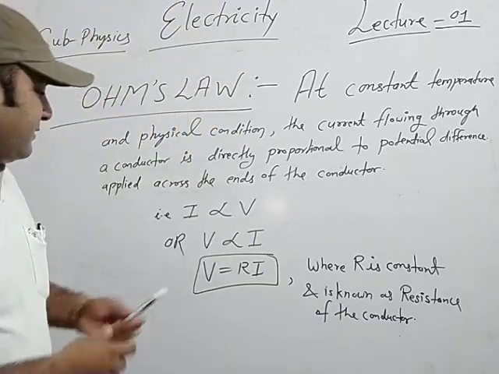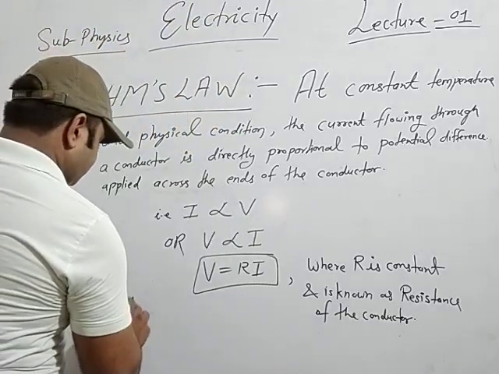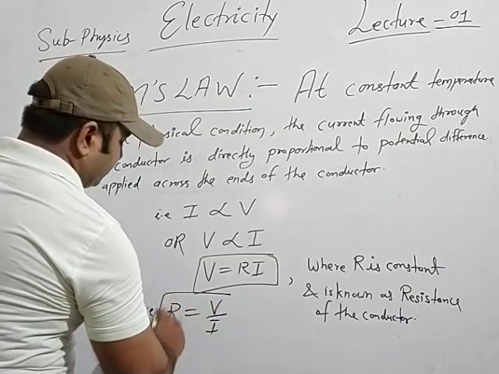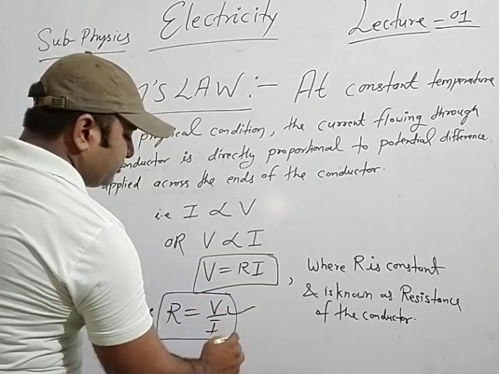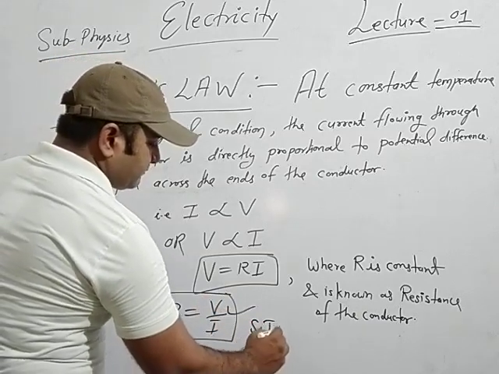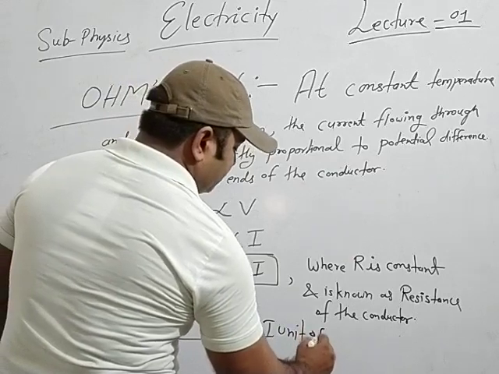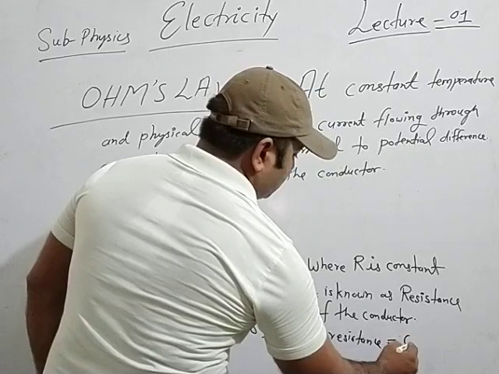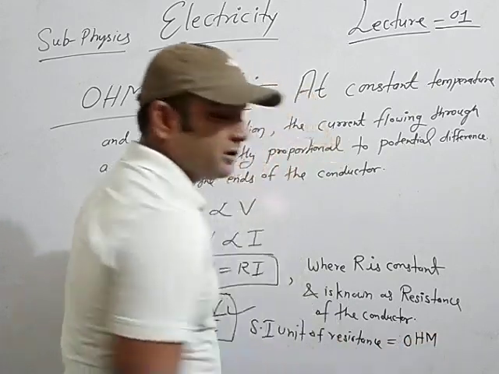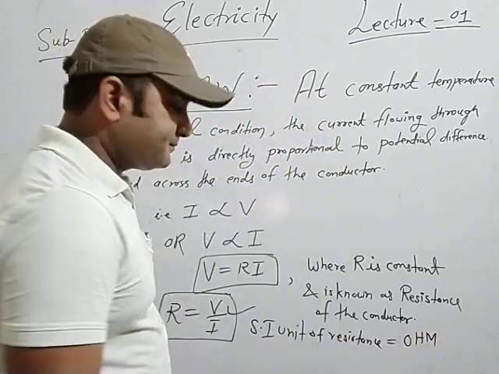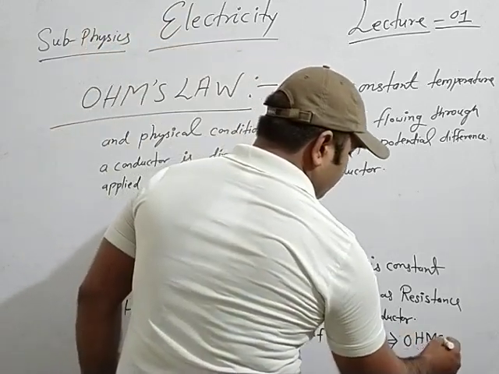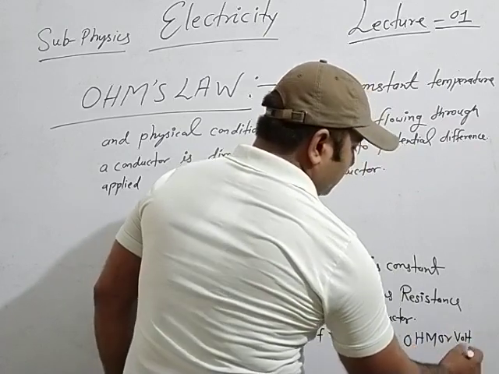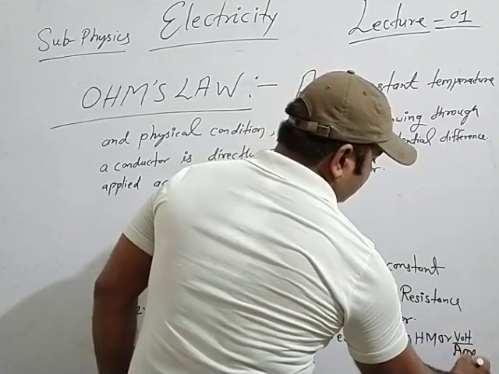So just see, R equals V upon I, and with the help of this, the SI unit of resistance is the ohm, the honorable unit. Ohm equals volt per ampere. Clear?